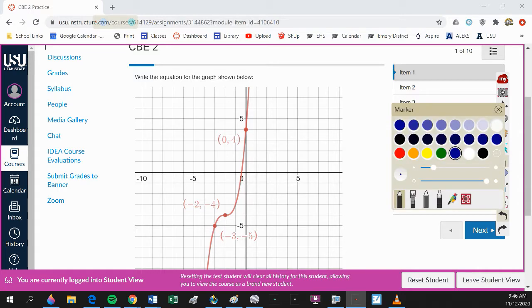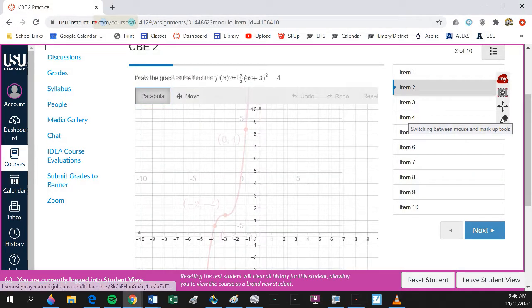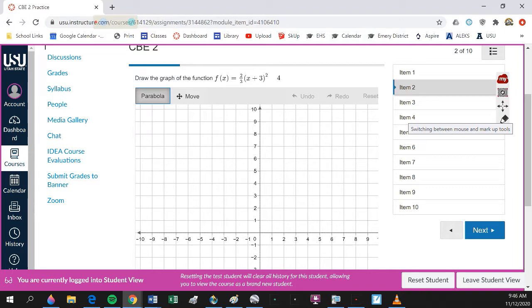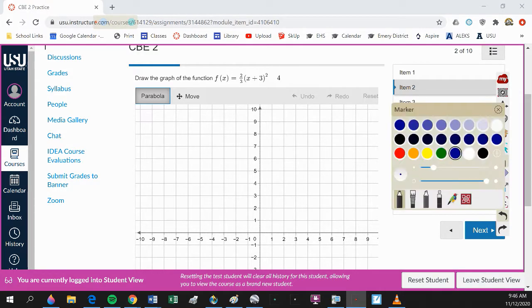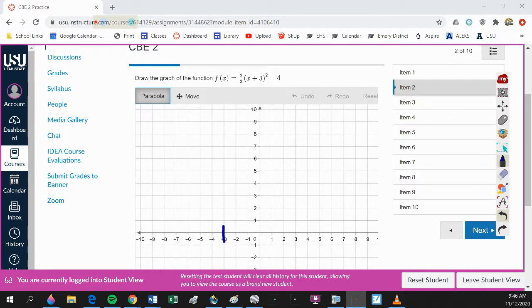Let's do item 2. How would we graph this? Oh, that's cruel. Whatever. I guess that's just what they're going to do. So left 3. And then down 4.